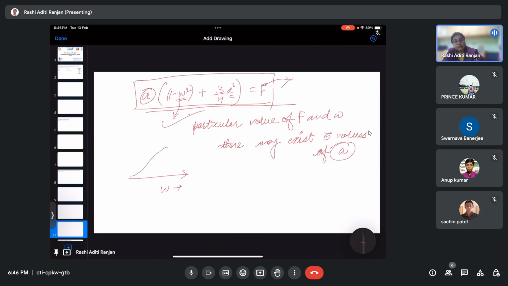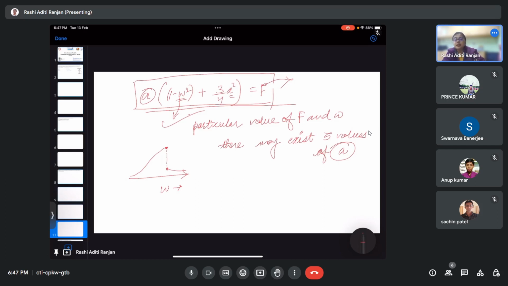But after a certain point, what is going to happen? It is going to fall down. How is it going to fall down? Catastrophically, like this. From this value, a small change in omega would lead to this. And this is known as jump phenomena.